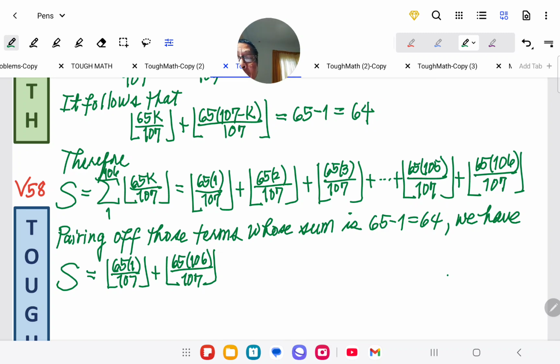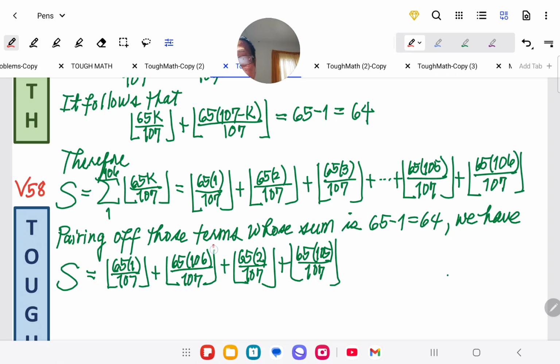Okay, this is the first pair, and then the second pair is 65 times 2 over 107 plus 65 times 105 over 107. This is the second pair. Okay, to emphasize that, I will use first pair, second pair, plus third pair, and so on.